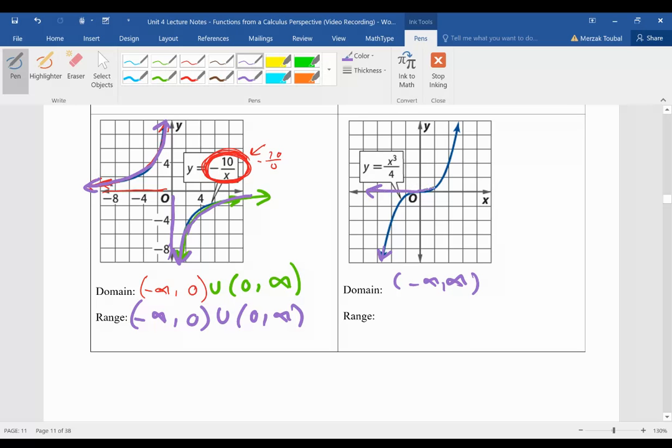And then it extends up at the same time to the right, so it extends to positive infinity. So negative, positive infinity. In regards to the range, obviously the curve, as you see, goes down from negative infinity up to positive infinity. So it includes all the possible y values. So negative infinity, positive infinity.